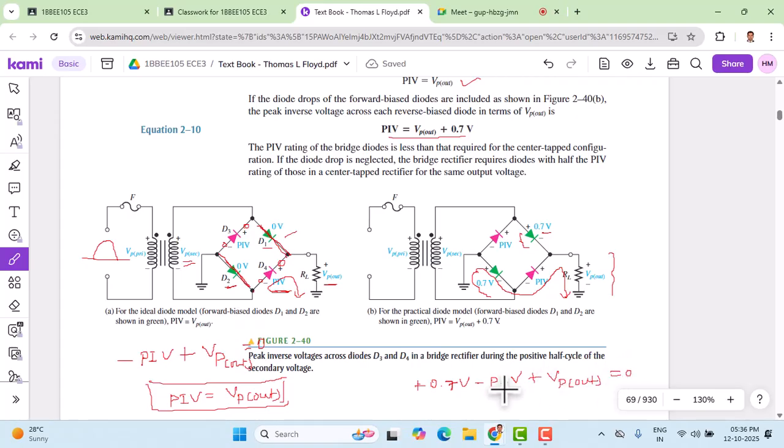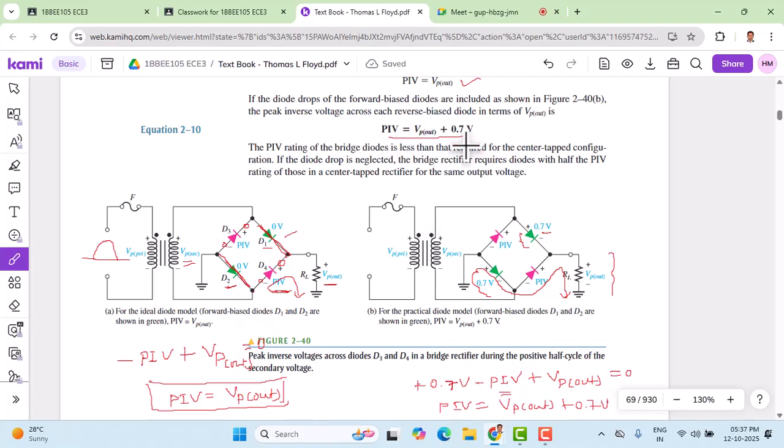This is Kirchhoff's voltage law, and what we want is the PIV. So if you transfer to the other side, you get the equation PIV equals Vp out plus 0.7. That is the peak inverse voltage of this practical diode.